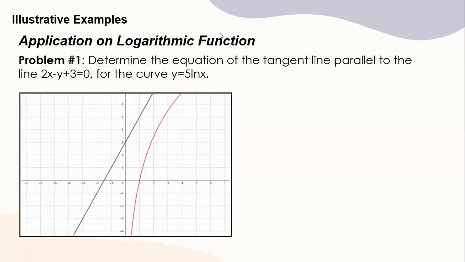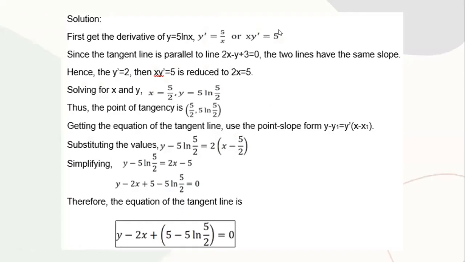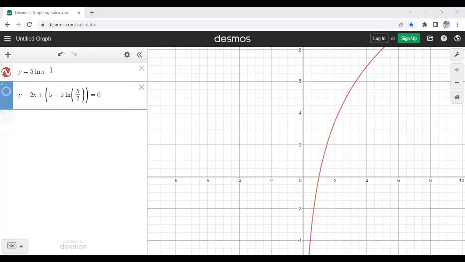Okay, so if we are going to graph, so here is our solution. Okay, so ito yung tangent line and we have y is equal to 5 ln x na curve. All right, so we have the y is equal to 5 ln x na curve.